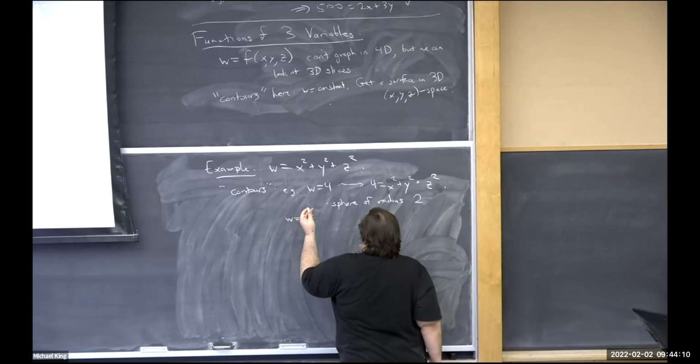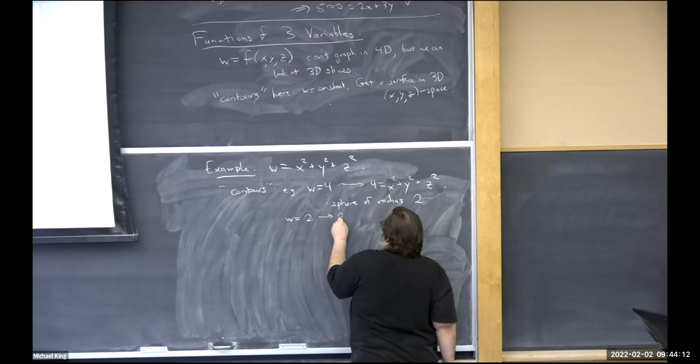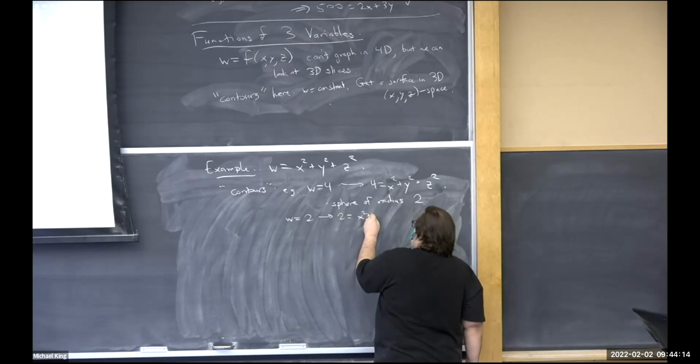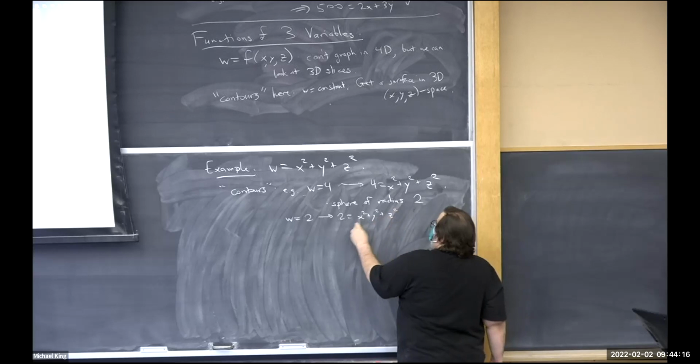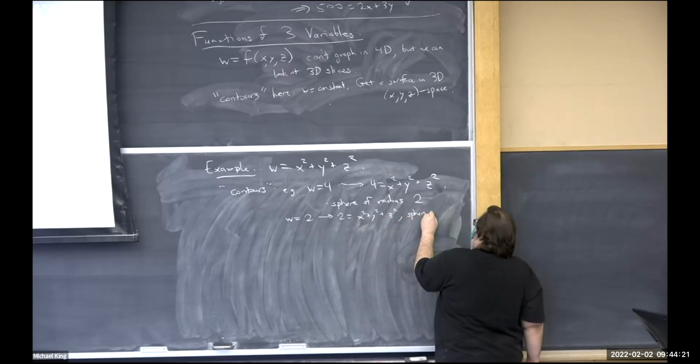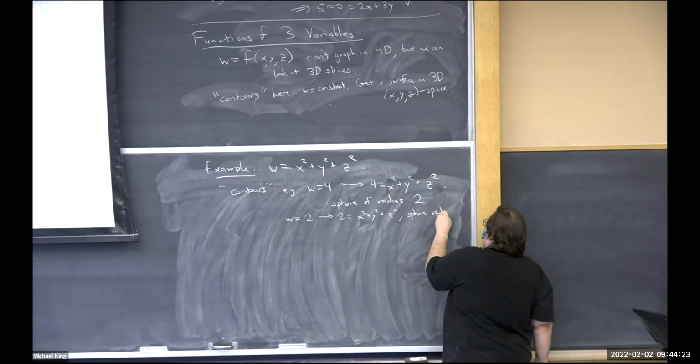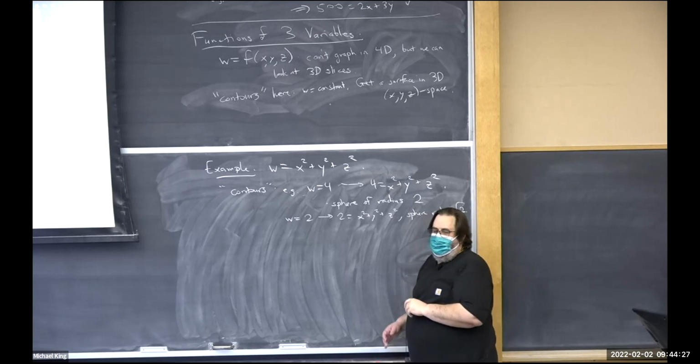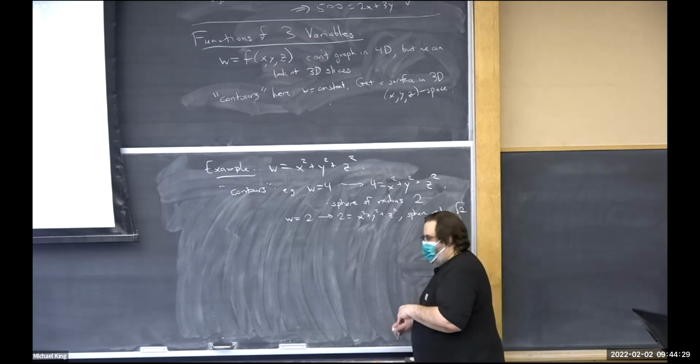W equals 2, we'd get 2 equals x squared plus y squared plus z squared. So we get a sphere of radius root 2. And et cetera. So at each height, we would get a sphere.